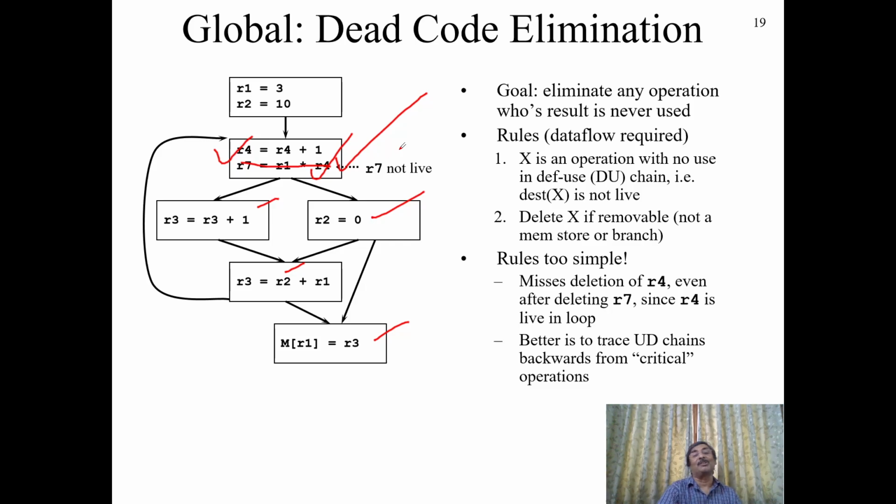So you will miss the deletion of R4, although as a human being, you will wonder why. I can always do that, but algorithmically, if you think about it, you go one statement at a time. So when you come to R7, we acknowledge that R4 is necessary. Unless and until you take a second pass, you will not be able to know that R4 equal to R4 plus 1 has also become useless.